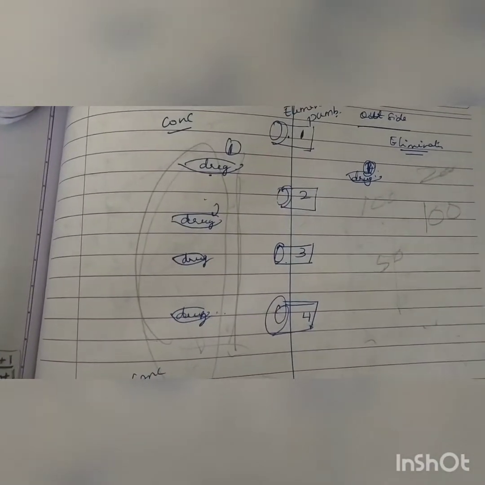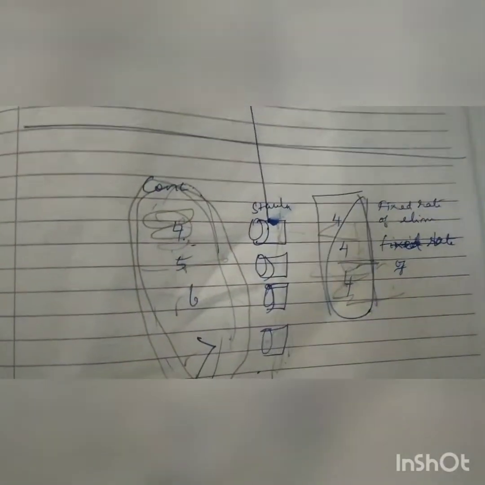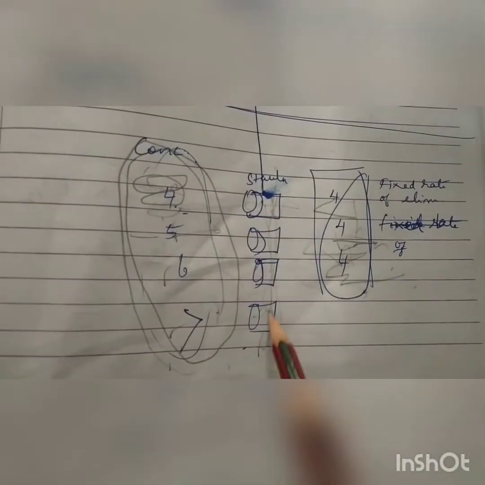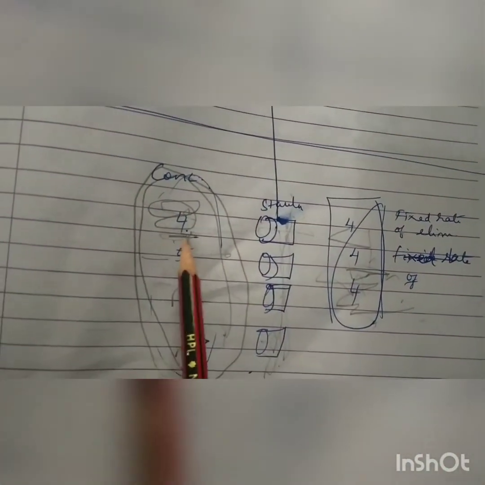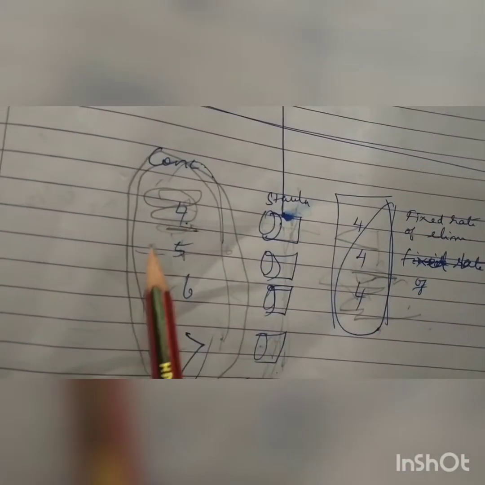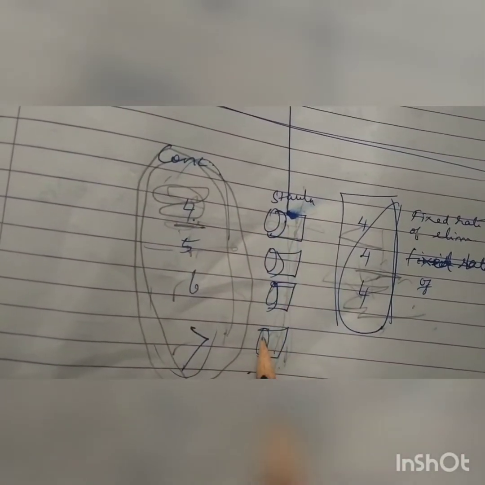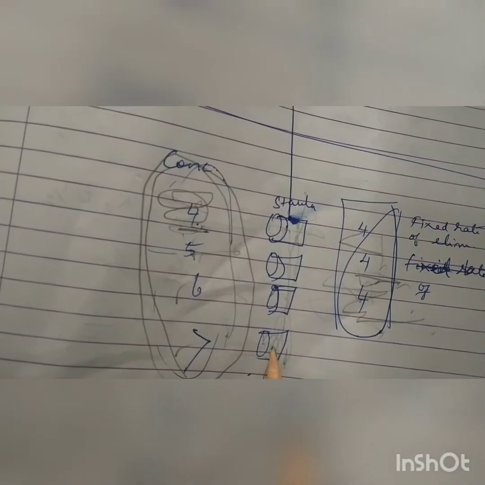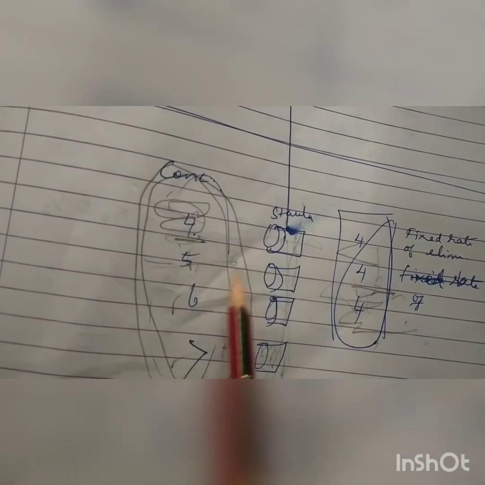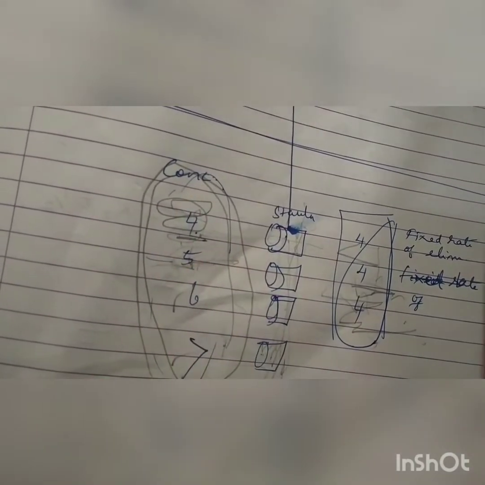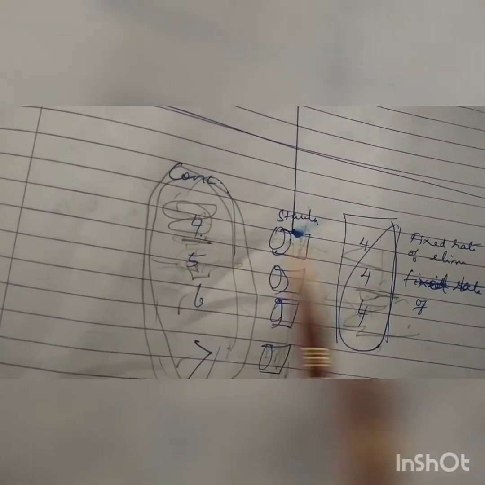Coming to the zero order reaction, the same thing: I have 4 elimination pumps. If you have 4 drugs, they will be eliminated. But if you have 5 drugs, there is a saturation in the pumps, so there is no way the fifth one can be eliminated.